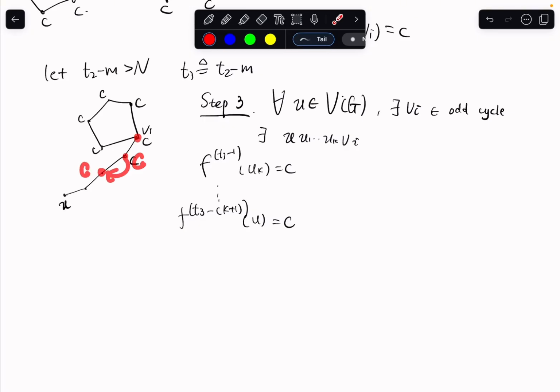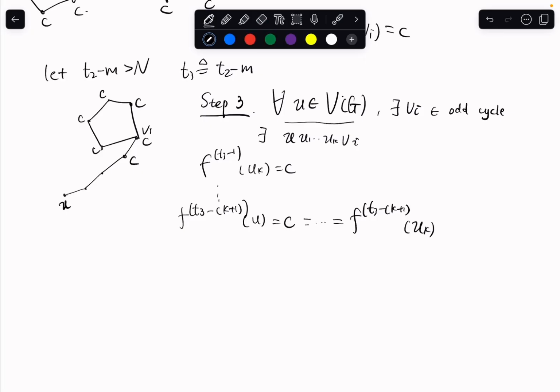Because this is c, so the former one is also c. So the chain is like this c, this c, this c. So it is like c, c, c, c. And the former one is always c after that, before that. So we have that, let me change the color. So we have all of this chain.